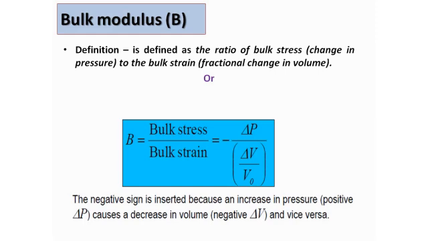This decreasing amount is designated with the minus sign. So don't get confused: we have used this minus sign because an increase of the bulk stress, or delta P value, leads to a decrease of the volume, and it is vice versa. Clear?